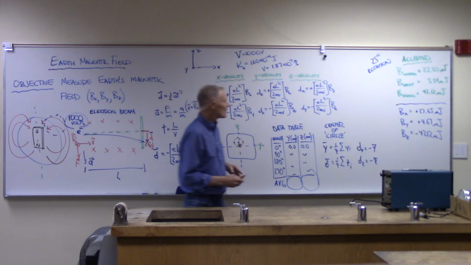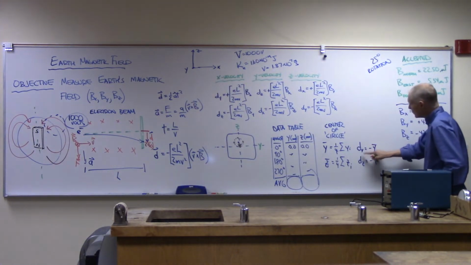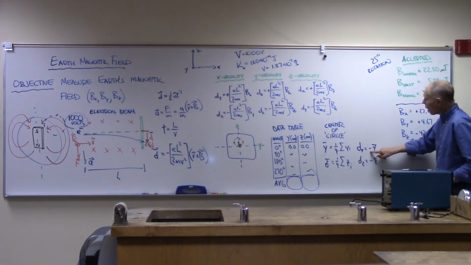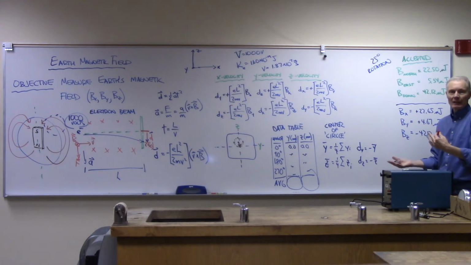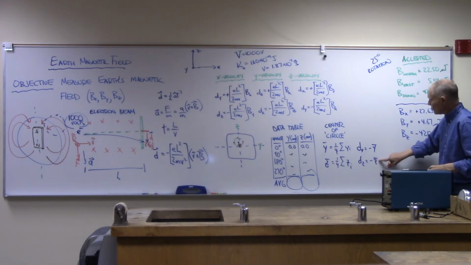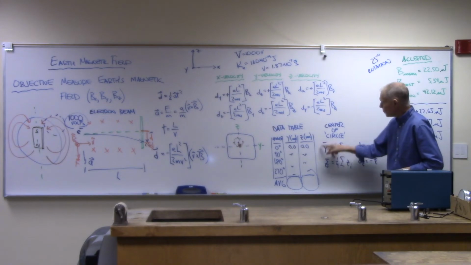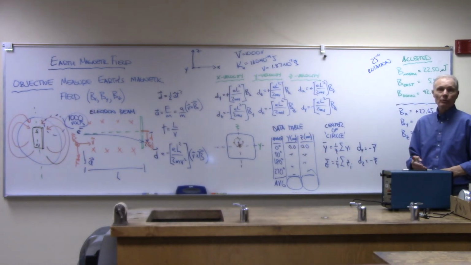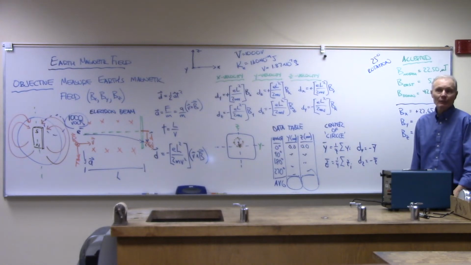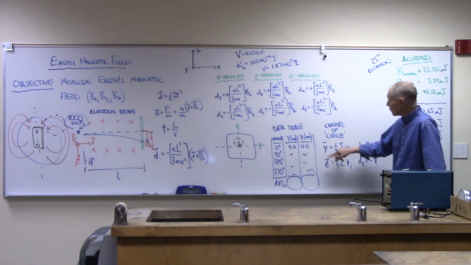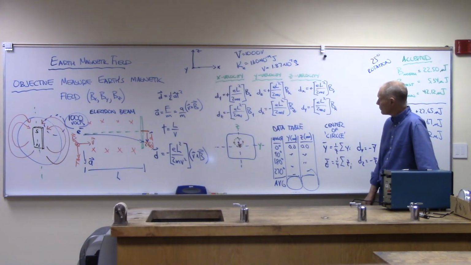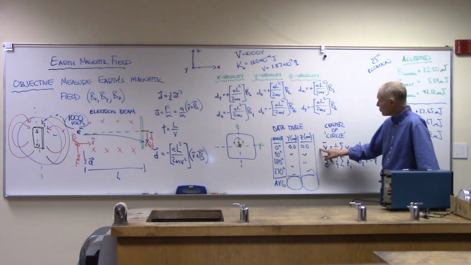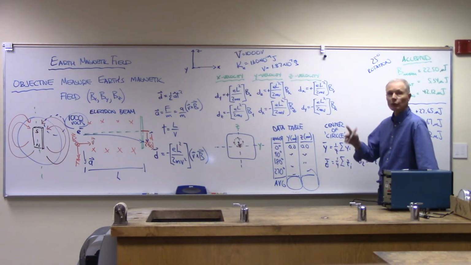And that means that the deflection components have the opposite sign to y average and z average. When we do these calculations, y average and z average can each be positive or negative. They could both be positive, they could both be negative, or y average could be positive and z average negative, or vice versa.